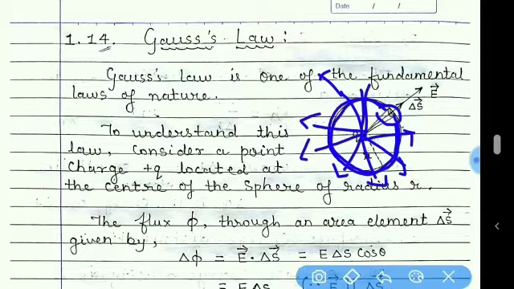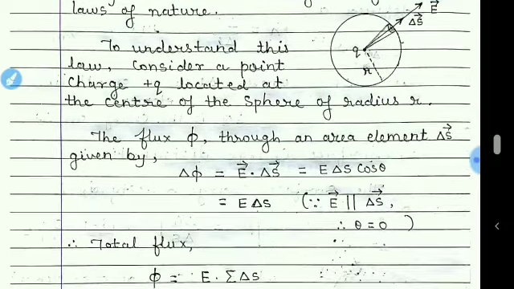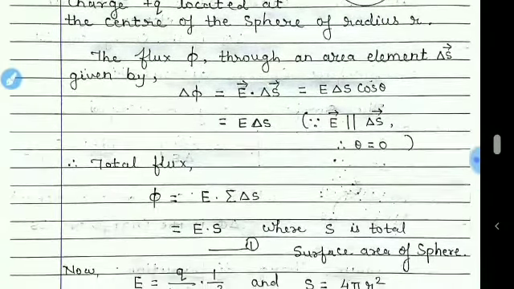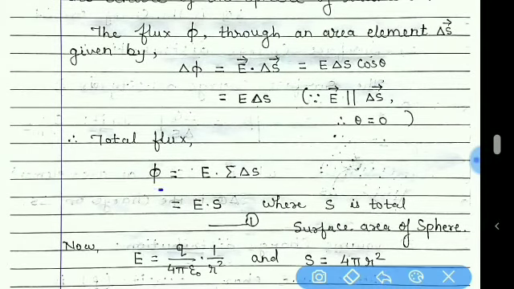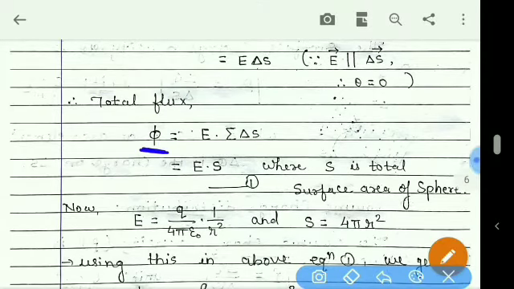So now the total flux linked with the entire spherical surface is given by phi. Earlier it was delta phi because that was linked with the small area element delta S. Now the total flux is symbolically represented by phi, and phi is given by E into sigma delta S. Here this sigma means summation.